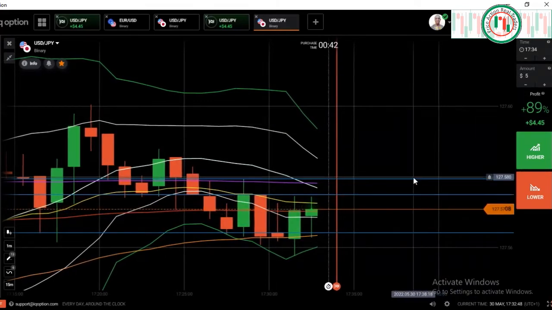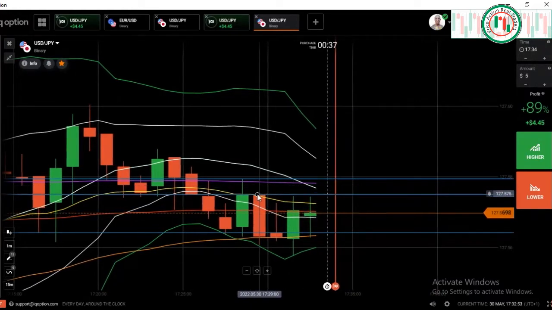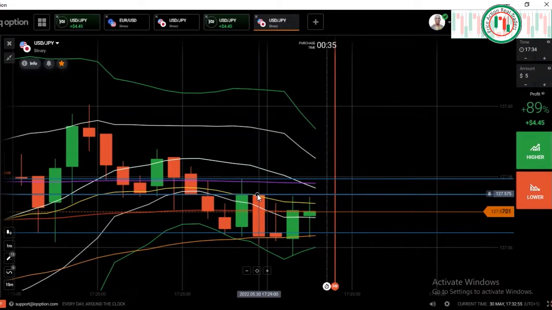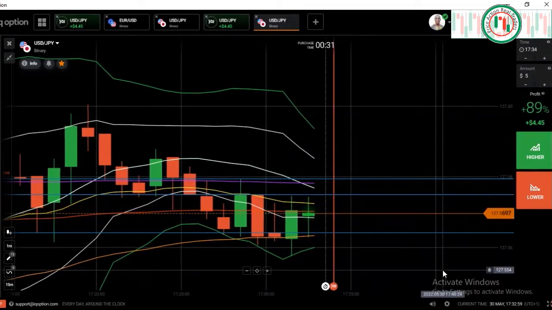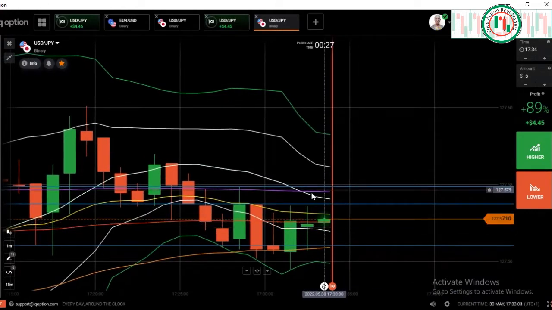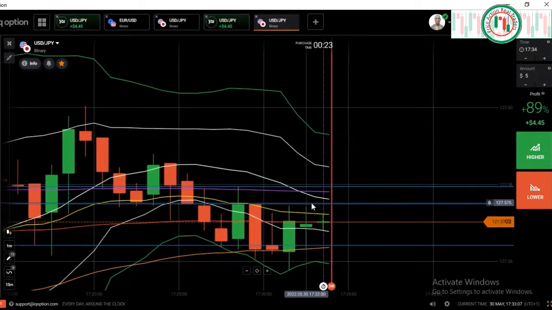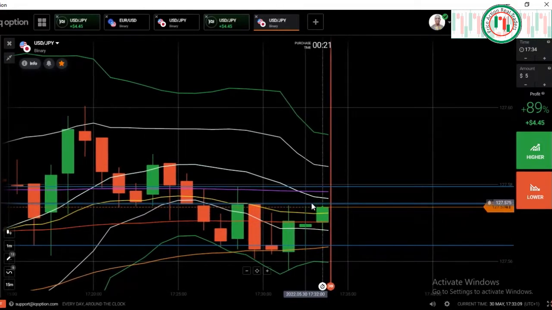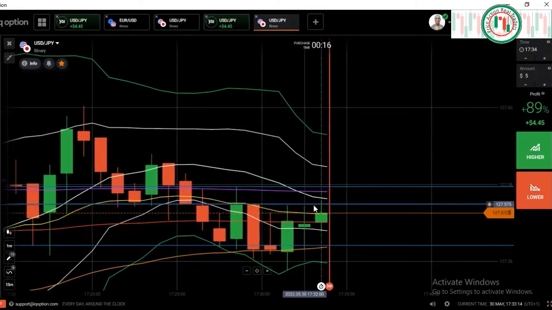Yes, market is trying to reach this zone, but it's doing panic. So no problem, I will wait for market to reach this zone, then I will place my trade, or to break this zone.